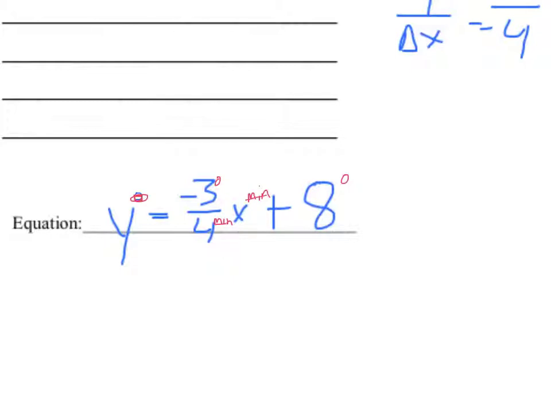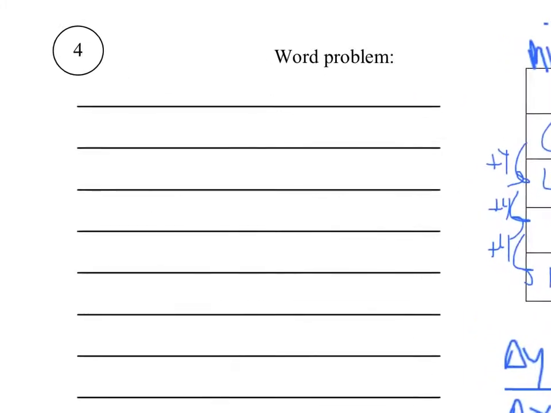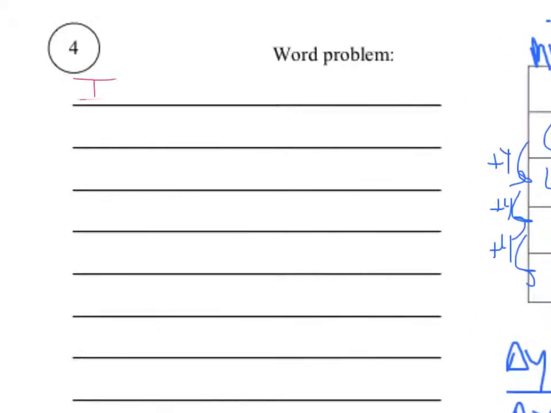Since I've already got my units there I probably want to go ahead and write my word problem. Since I'm already thinking about the units. My starting point is 8 degrees. So somehow I have something that is starting at 8 degrees. I'll just make it easy. It is 8 degrees outside.